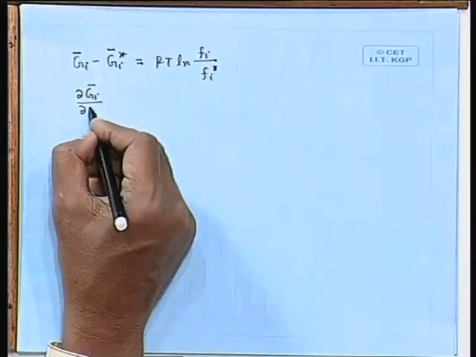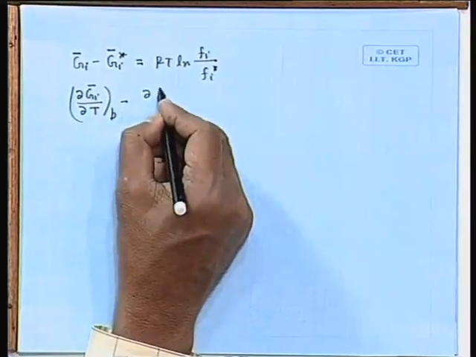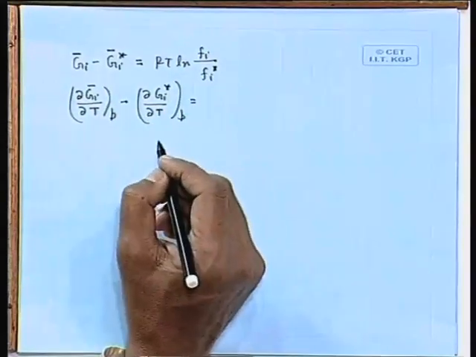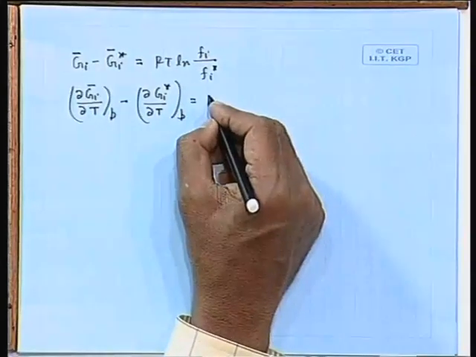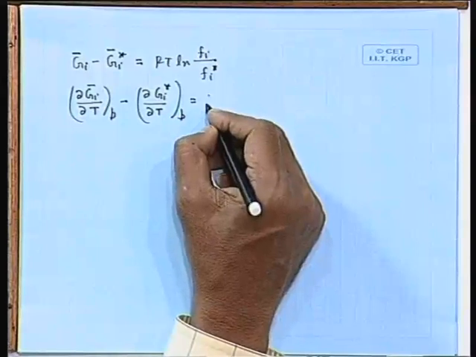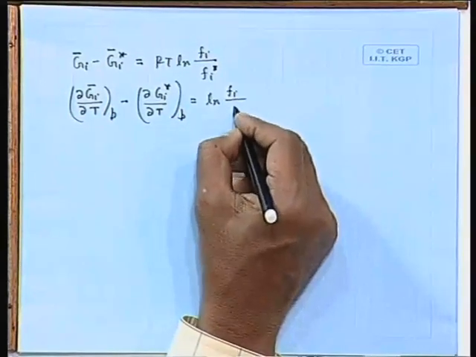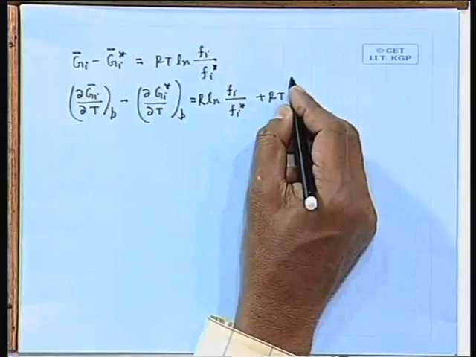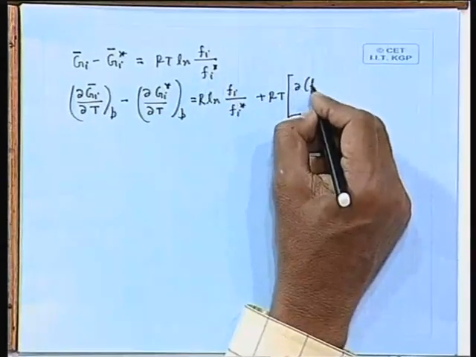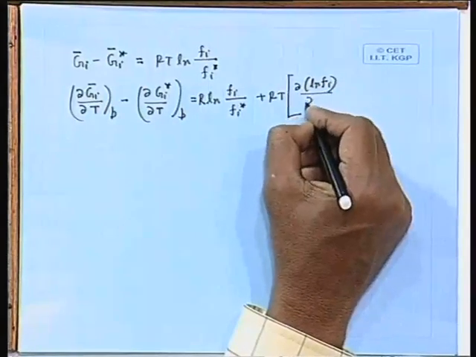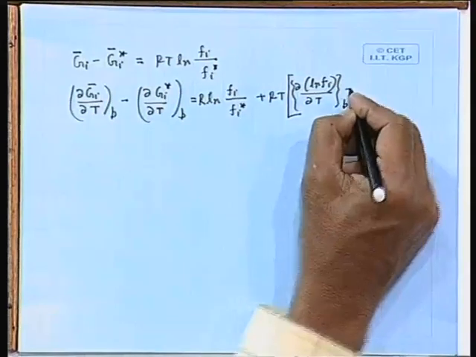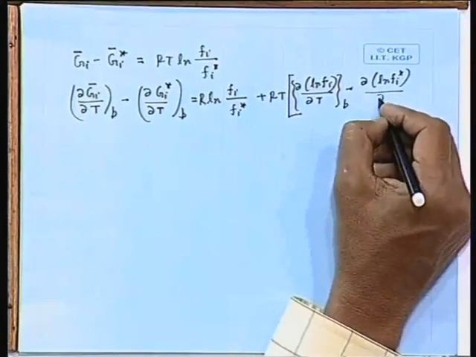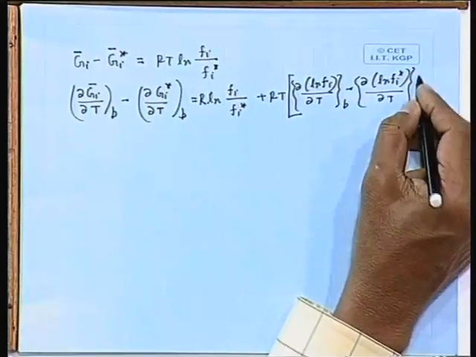∂Gi/∂T at constant pressure minus ∂Gi star/∂T at constant pressure is equal to, now if I differentiate this at constant pressure, R ln Fi by Fi star, plus RT times ∂ln Fi/∂T at constant pressure minus ∂ln Fi star/∂T at constant pressure.